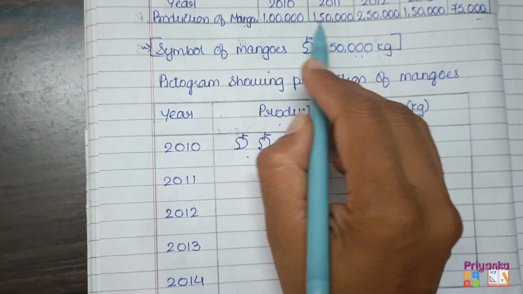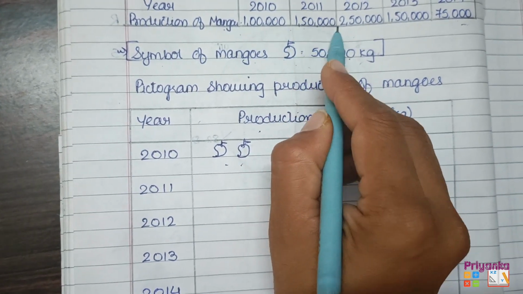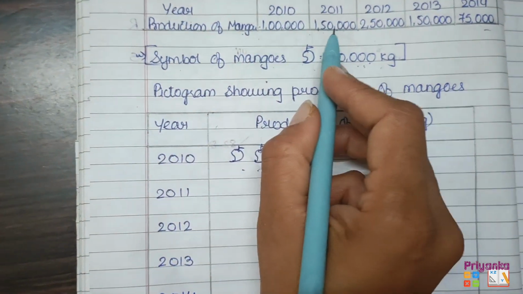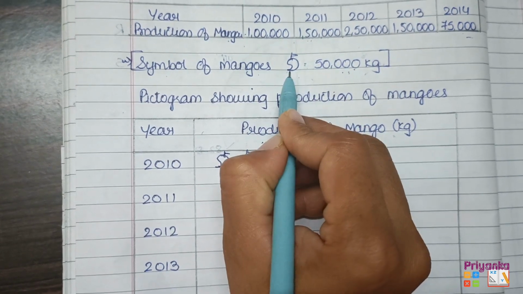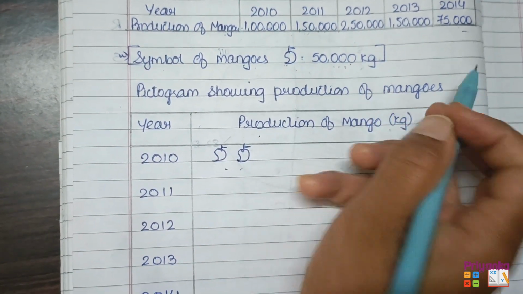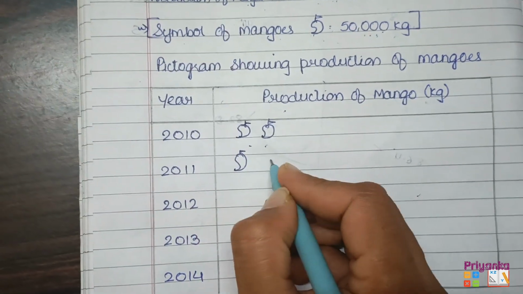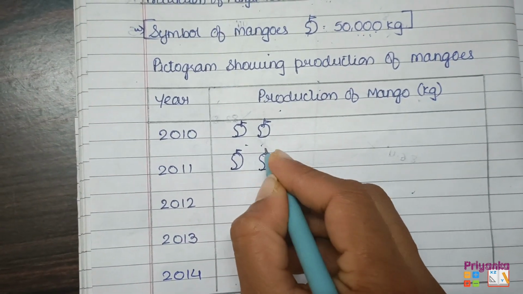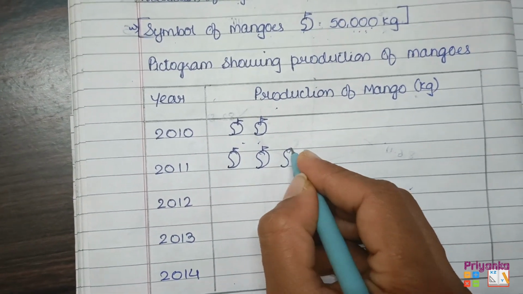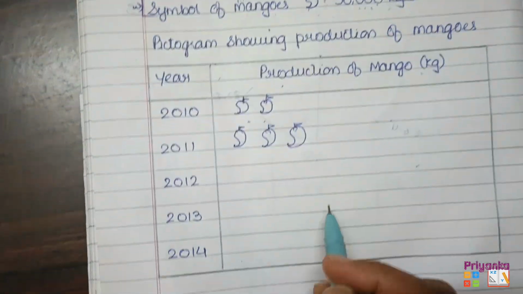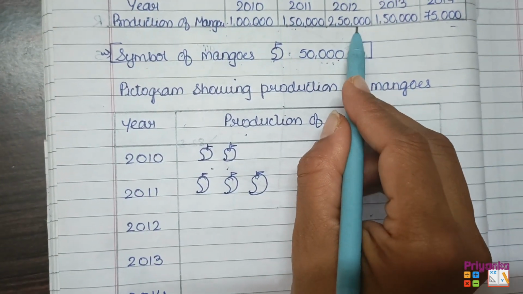For 2011, it shows the production of 1,50,000 kg. So obviously there would be 3 mangoes, 50, 50 plus 50. So here I am making 1, 2 and 3. Next is 2,50,000.